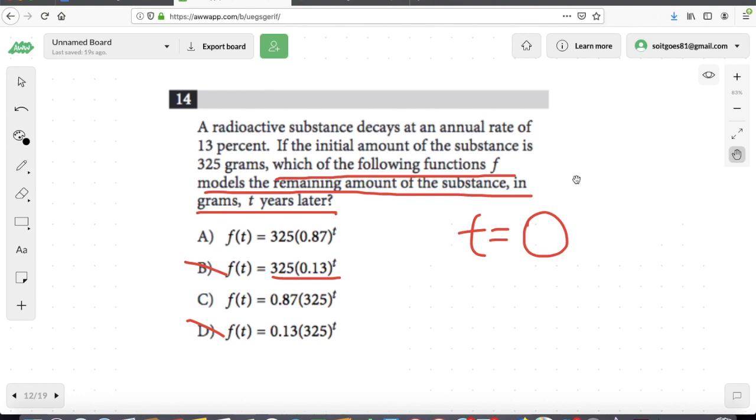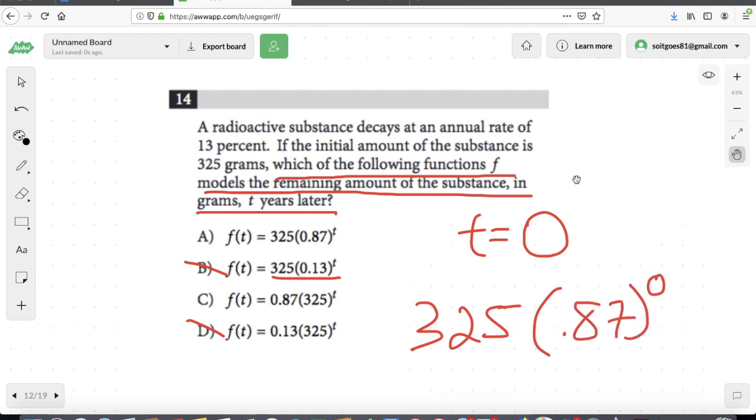Just 0. Well, if no time has passed, how much of the substance has decayed? Then none. Yeah. Okay. Nothing's decayed. So how many grams are left? 325. 325. All right. So let's plug in a 0 for t in answer choice A. We get 325 times 0.87 to the power of 0.